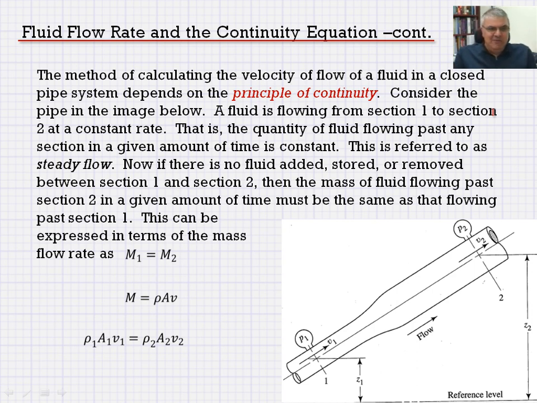In this case, we use pretty much the same principles of continuity to derive certain equations that will be used later for fluid mechanics. The principle of continuity actually governs the flow of a fluid in a closed pipe system. Okay, that's the principle we use pretty much to derive all the equations that we need.